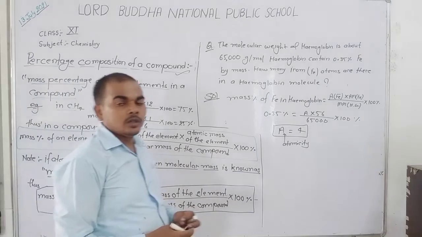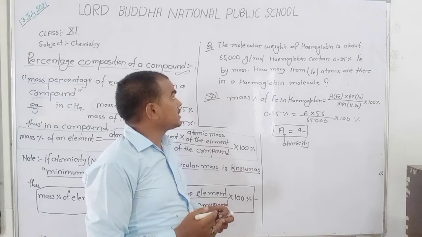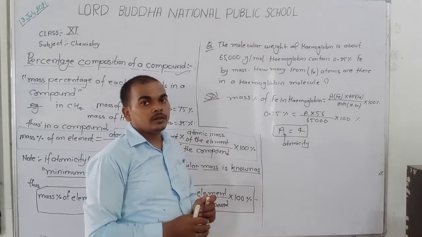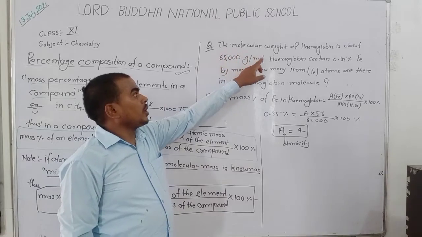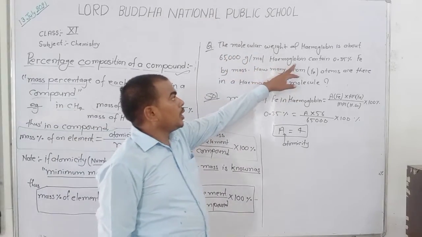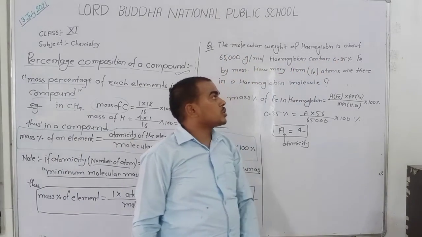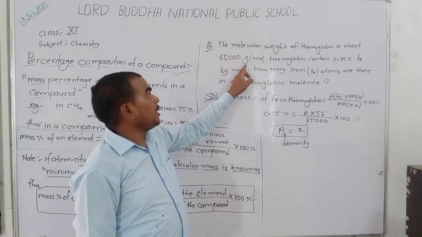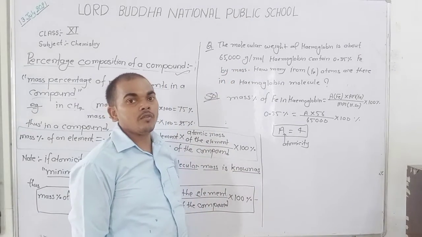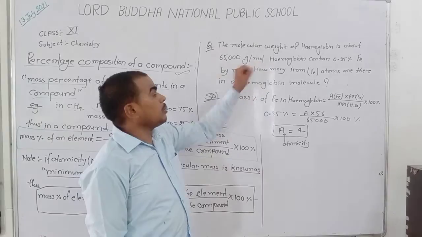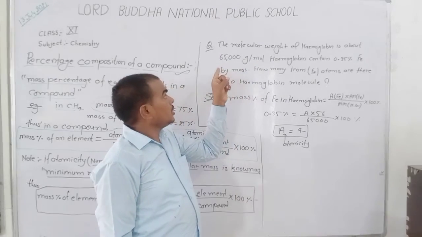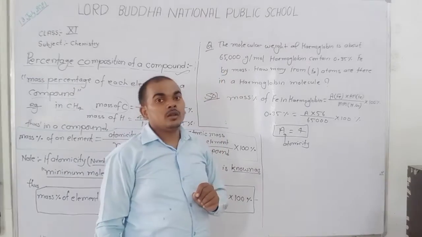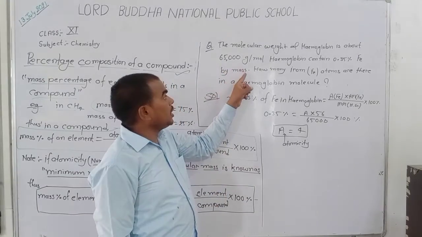Dear student, now we will discuss the next question. The question is: the molecular weight of hemoglobin is about 65,000 gram per mole. Means here is given the mass of hemoglobin in 1 mole.